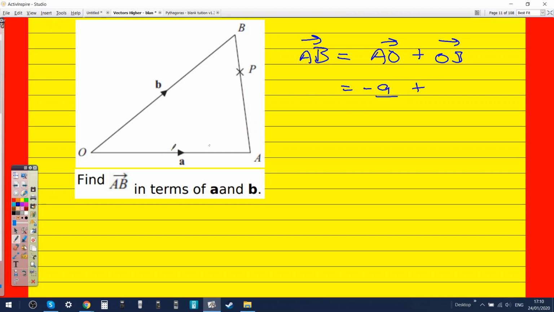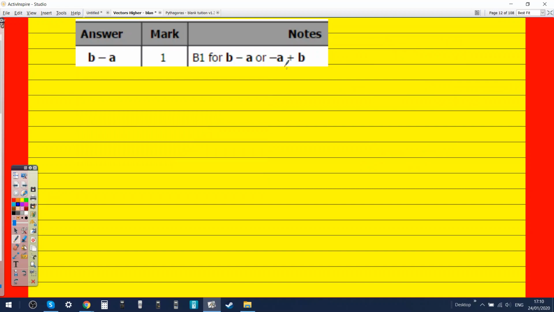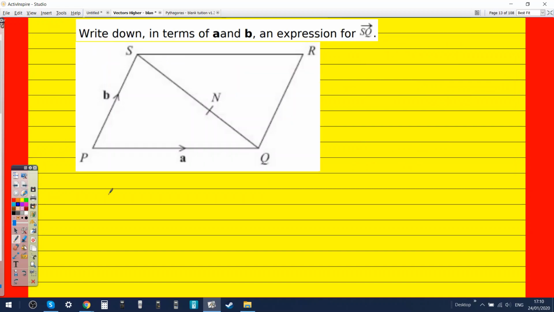What is O to B? Oh, sorry, +b. Yes, because you're going with the arrow. And so -a plus b is correct, and sometimes they'll write it as b minus a, same thing, also correct. So both answers are correct, and I prefer the first way to do it.